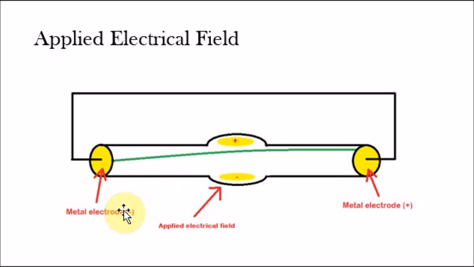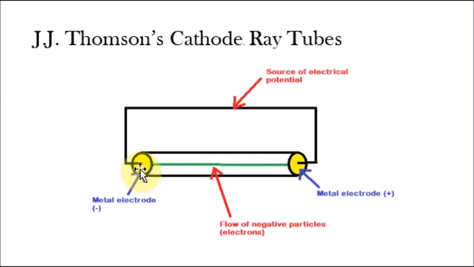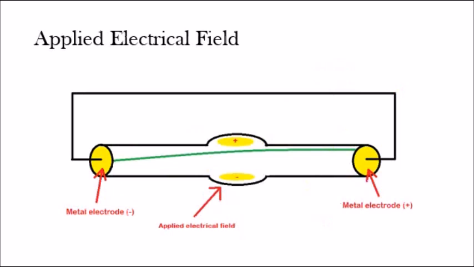Because opposite charges attract. So if this ray of particles is attracted to the positive end, they must be negative. So he knew that there are particles being shot out from these electrodes and passing through this chamber, and since they're negative, atoms are probably made up of these even smaller particles called electrons.